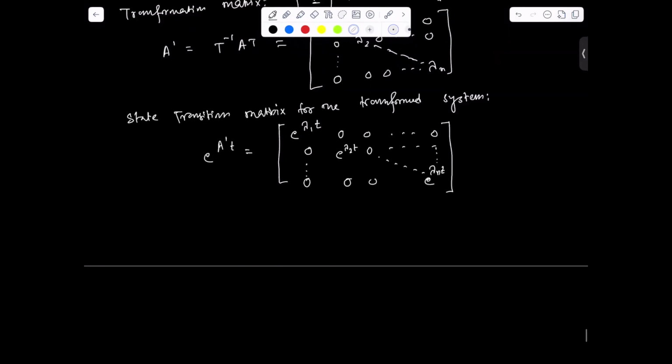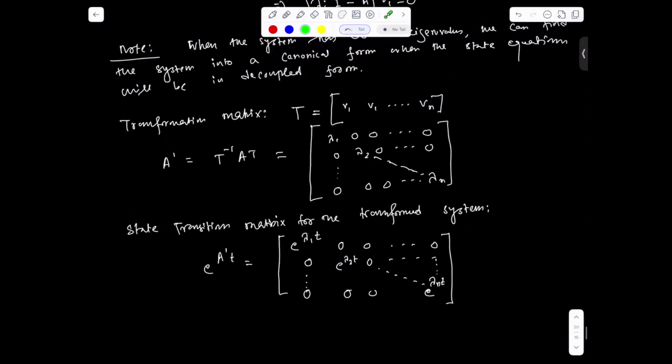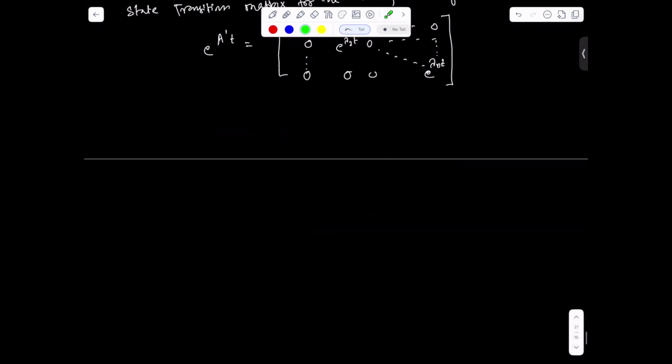If we expand e to the power A dash t using the power series form, we can write it similar to the way we wrote it for the original system matrix in power series.